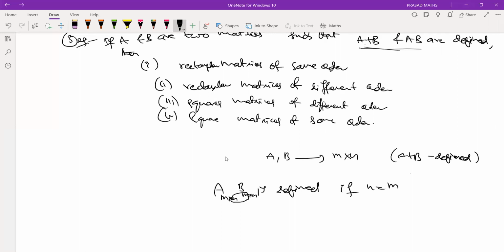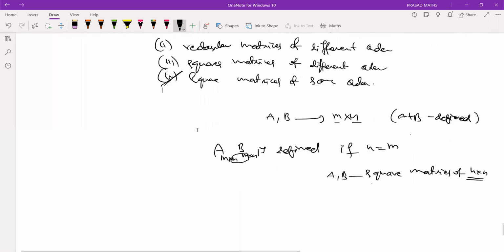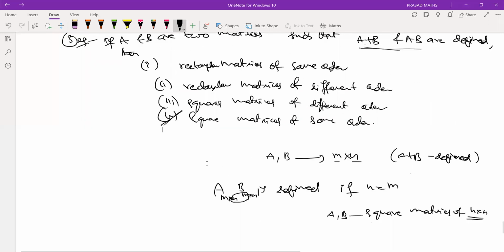That means rows and columns are the same, so A and B are square matrices of order n by n, of the same order. So the answer is this.